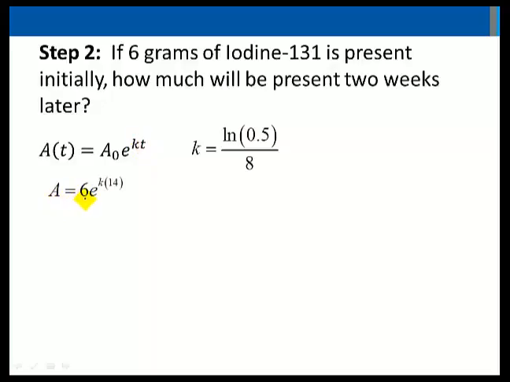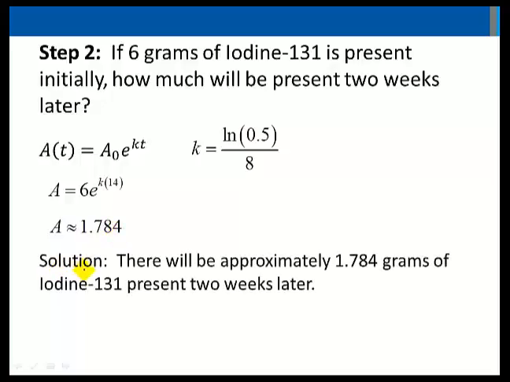So I have A equals 6 times e raised to the k times 14. Plugging this into a calculator, A is approximately equal to 1.784. So the solution is that there will be approximately 1.784 grams of iodine-131 present 2 weeks later.